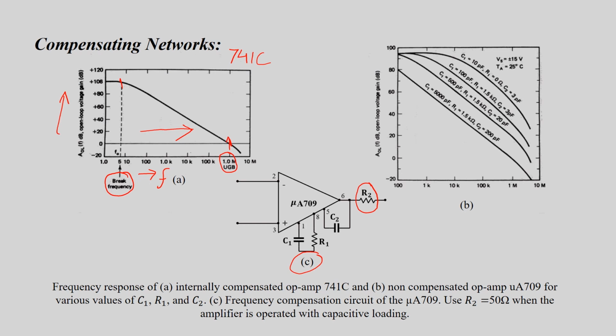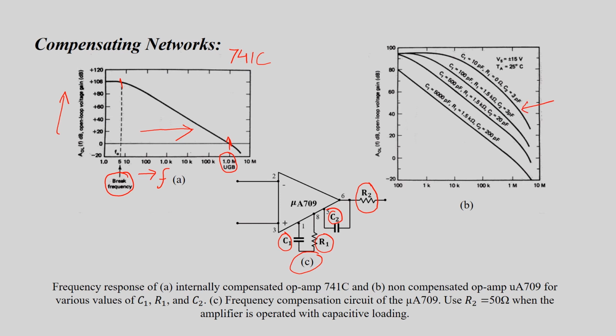Figure B shows the frequency response of the non-compensated OpAmp 709 for various values of C1, R1 and C2, which are shown in figure C. For various values of C1, R1 and C2, we are able to have different curves.